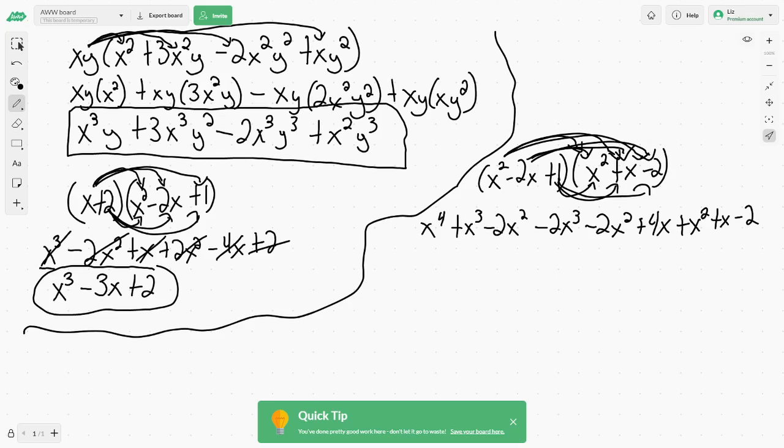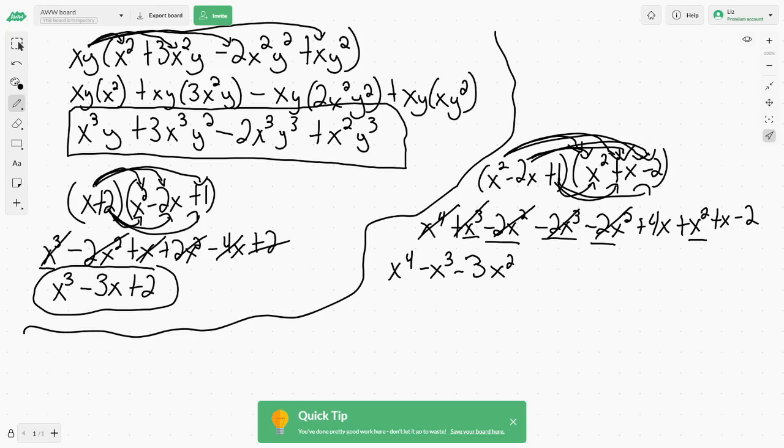So now we need to simplify this by adding like terms. X to the 4th, there's only 1. X cubed, I have an x cubed here and x cubed here. So 1 minus 2 is negative 1. So now I use those. Then I have negative 2x squared, negative 2x squared, positive x squared, negative 2, that's negative 4, plus 1 is a negative 3.